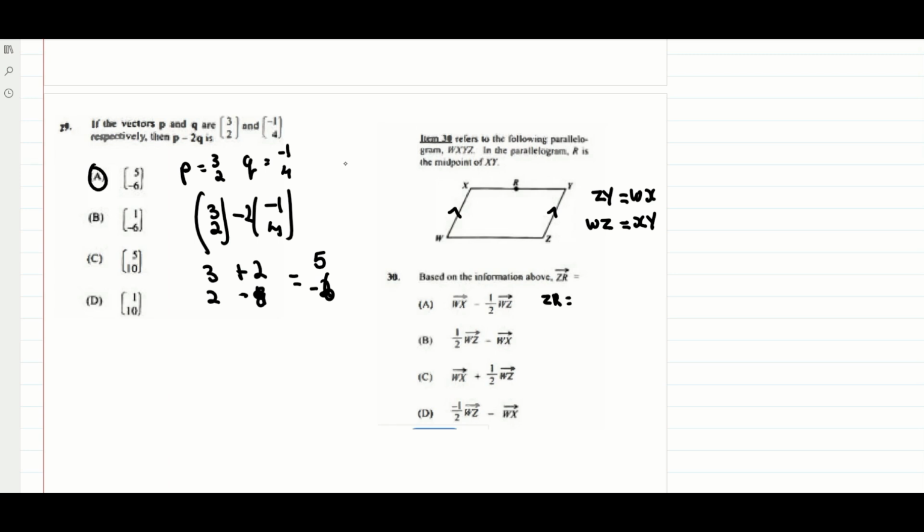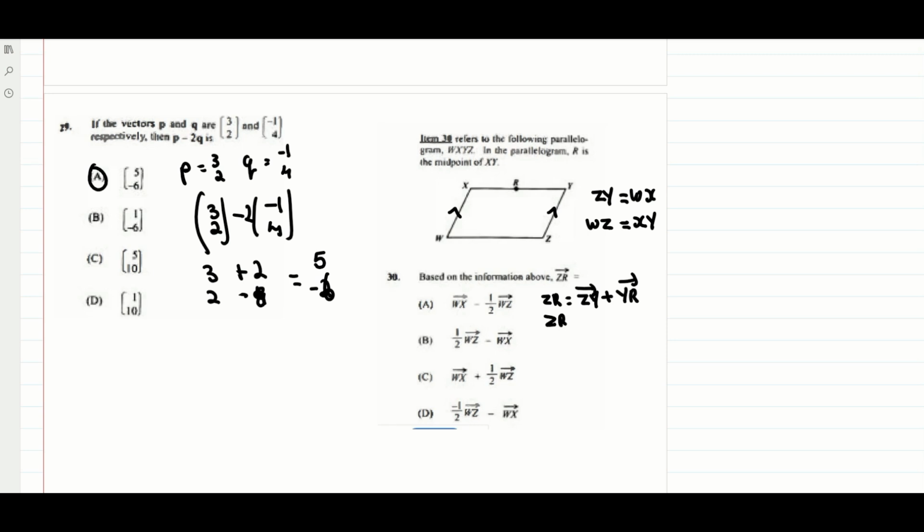ZR is equal to ZY plus a half of YX. What am I saying? Sorry, it is plus YR.